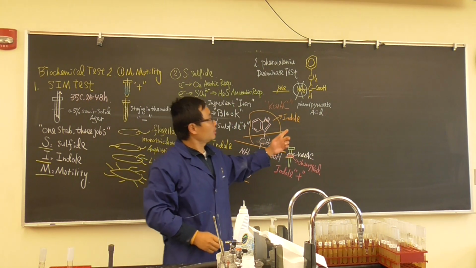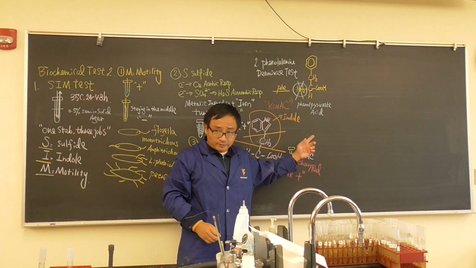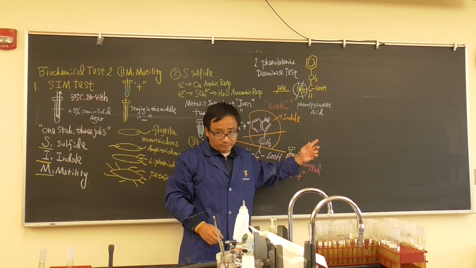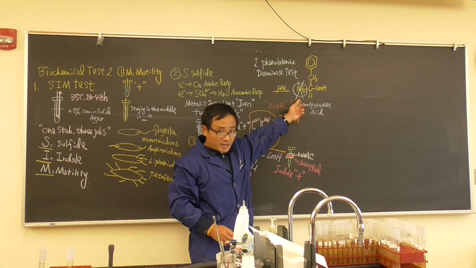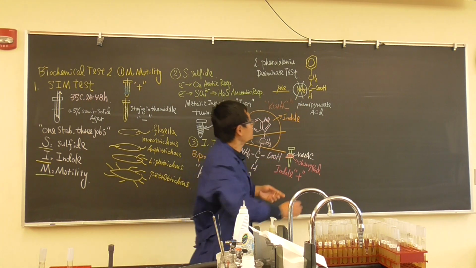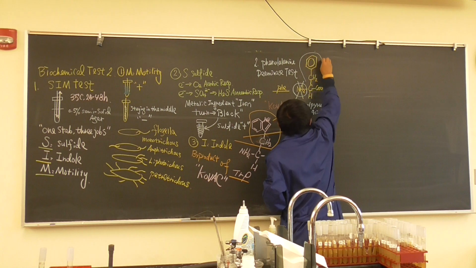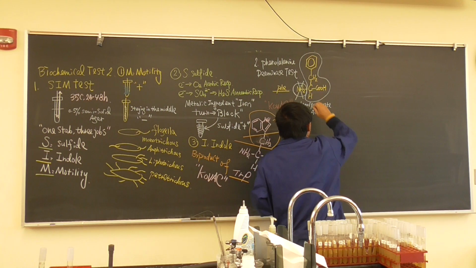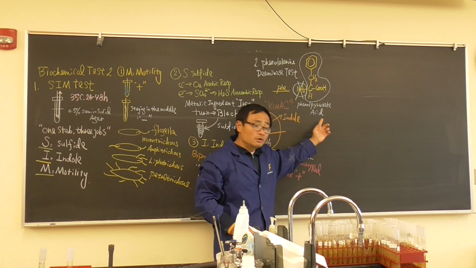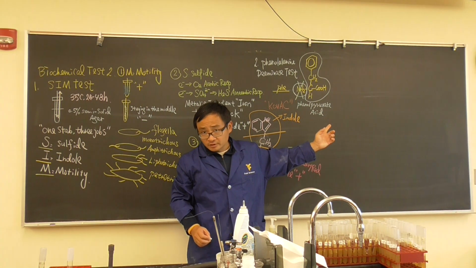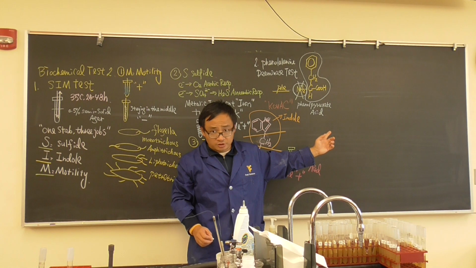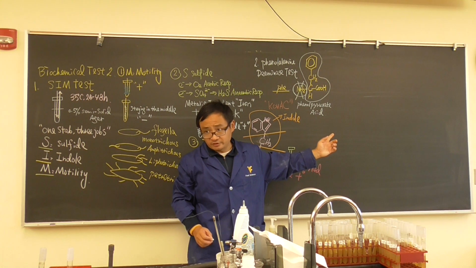Now, why is this important? Some bacteria can use phenylalanine because when they have a deaminase that takes out the amino group, the left side right here becomes phenylpyruvic acid. Do you remember pyruvate is an important chemical originally coming from glycolysis, and then it goes to the TCA cycle, or fermentation, or other things we don't even know.